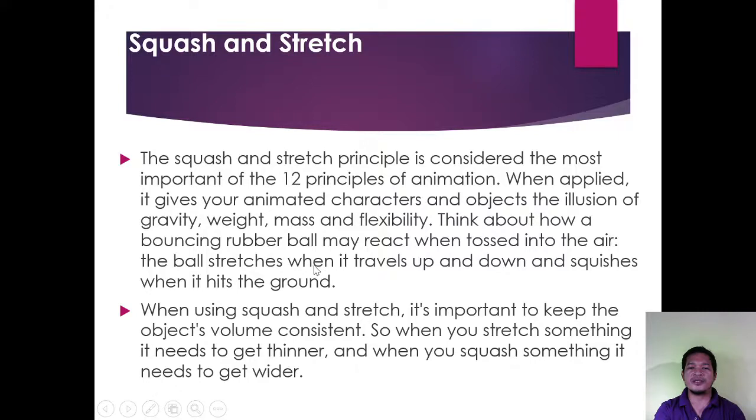The ball stretches when it travels up and down and squishes when it hits the ground. When using squash and stretch, it's important to keep the object's volume consistent. When you stretch something, it needs to get thinner, and when you squash something, it needs to get wider.